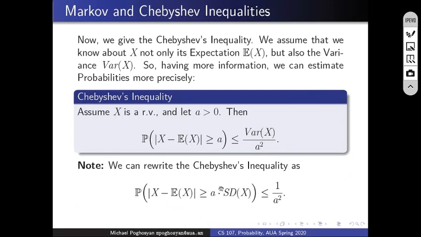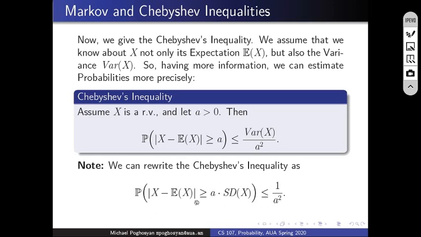And we can rewrite our Chebyshev inequality in this form. So if I plug in a times the standard deviation of x, on the left side I will have this, and on the right side I will have the variance of x over this squared times this squared. So I will have a squared times standard deviation squared, which is the variance. The variance cancels, and I will be left with 1 over a squared.